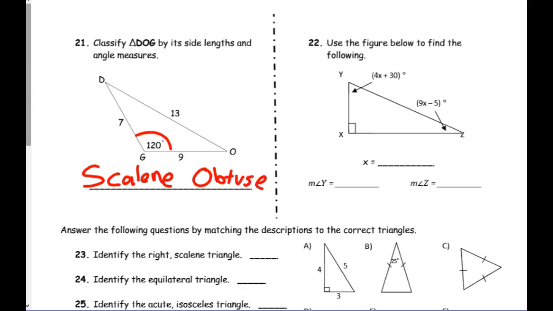Alright, 22. Use the figure below to find the following. Now remember, to find x, if you know three angles, you add them up equal to 180. So, 4x plus 30 plus 9x minus 5 plus 90 equals 180.